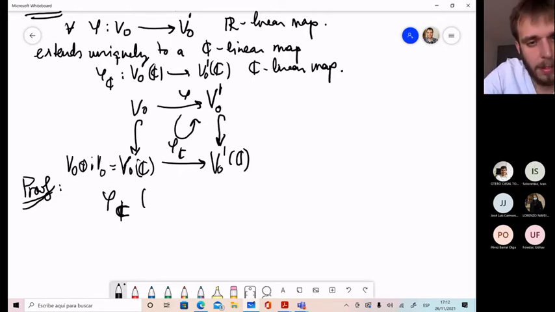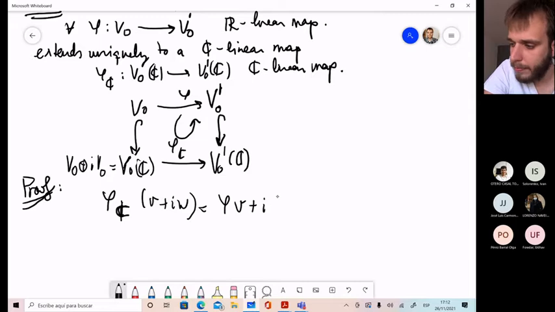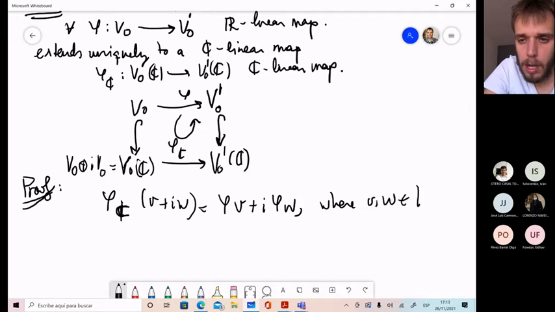So you have to define what's the image of a sum like this. So you define phi C in the natural way, okay? Where v and w are in V naught.